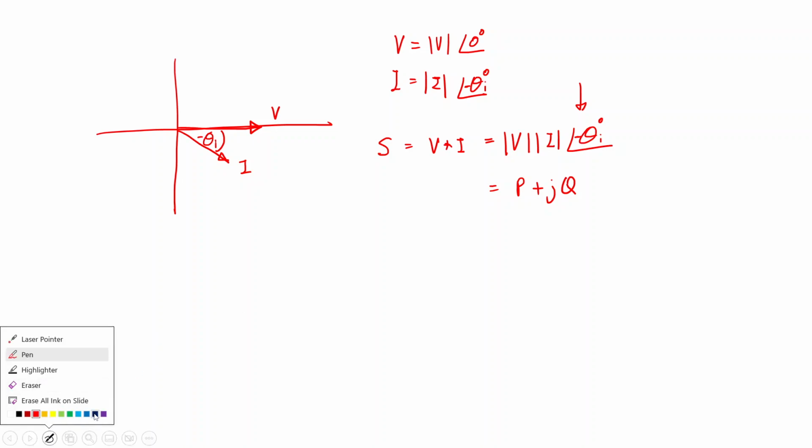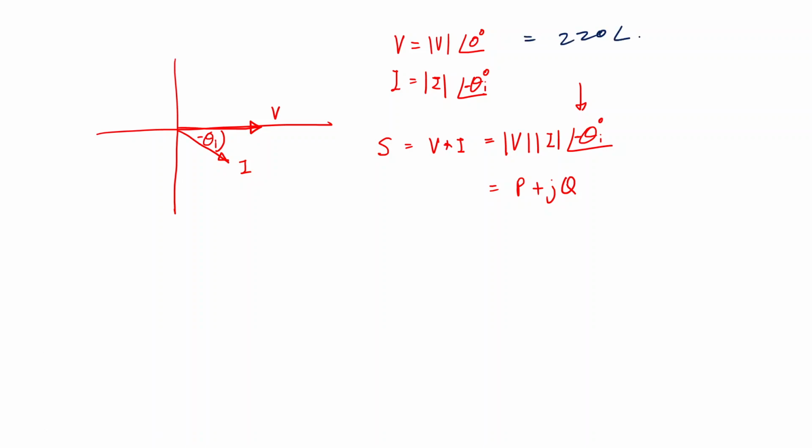May I take an example with numbers? For example, 220 at angle 0, and here is 10 at angle minus 30.